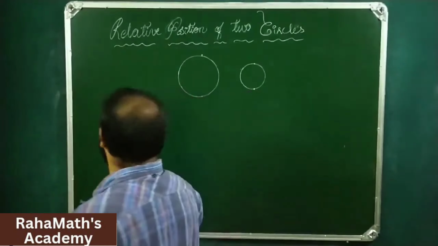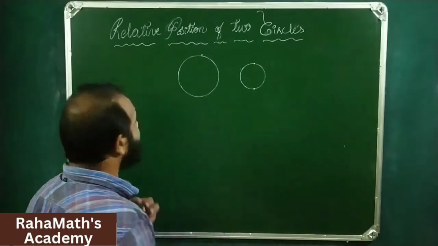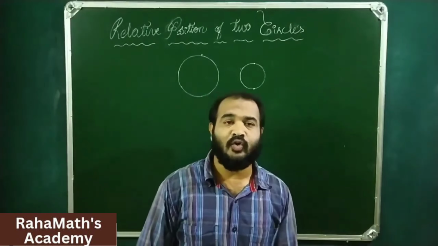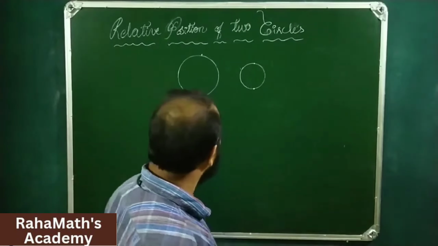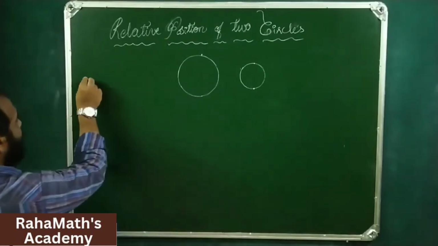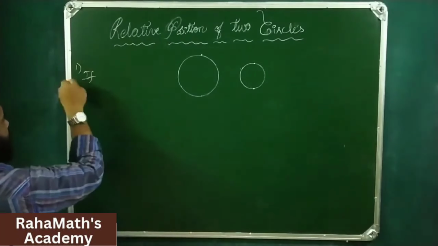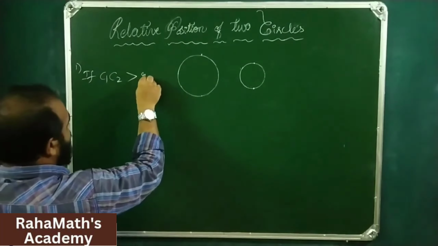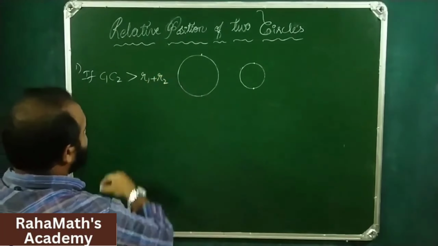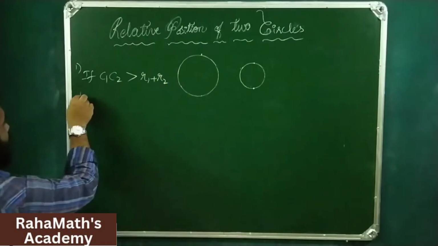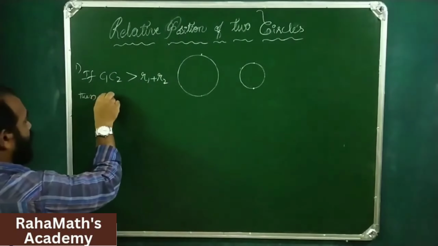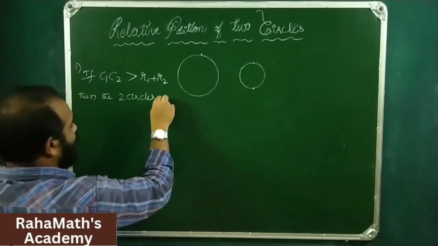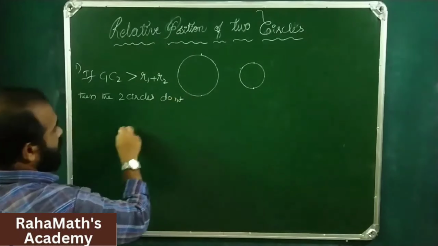Now we shall describe the various possibilities of the relative positions of two circles. See here, if C1C2 is greater than R1 plus R2, then the two circles do not touch.